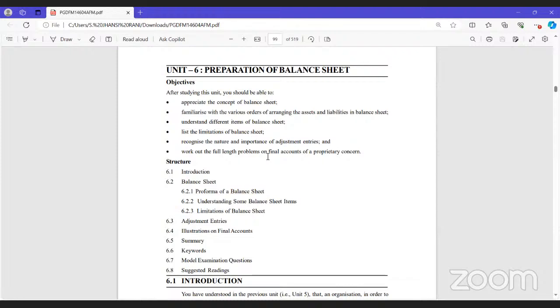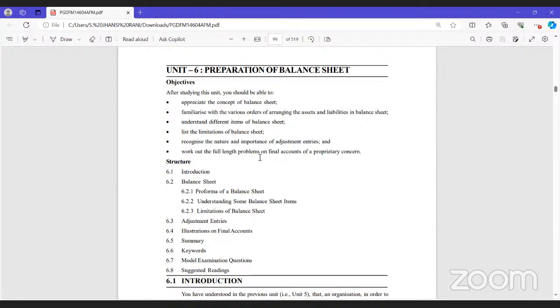So in final accounts, whenever any organization is preparing the final accounts, first comes the trading account, then the profit and loss account, and the last one is the balance sheet. Why do we prepare the balance sheet? In the trading account, we understand the gross profit we have earned from purchases and sales.